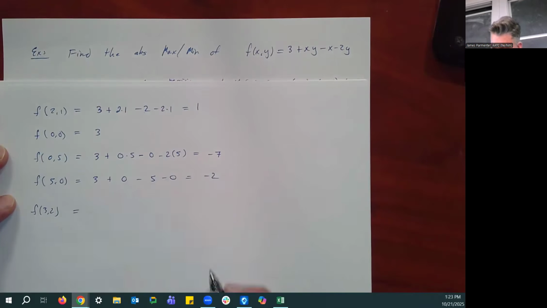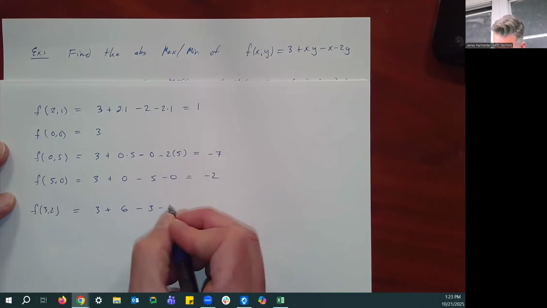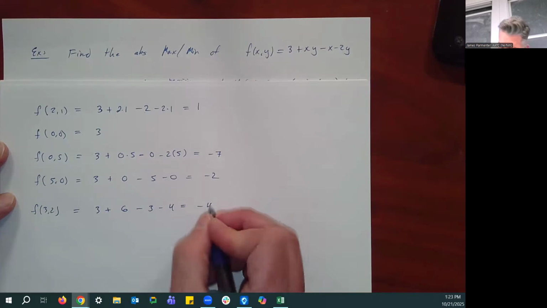And lastly, 3 comma 2 is 3 plus 3 times 2 minus 3 minus 2 times 2, which is negative 4.